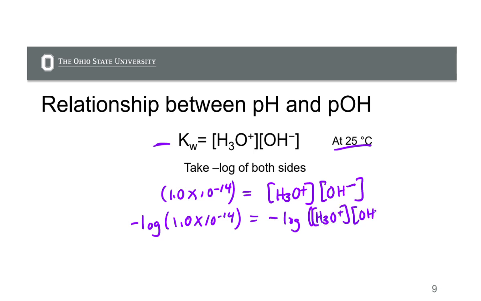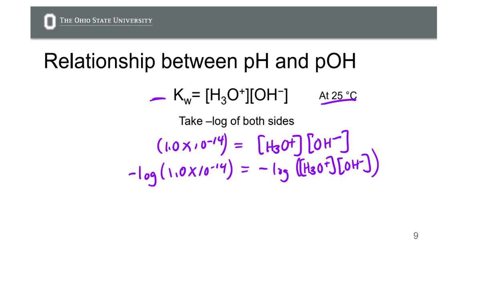times OH minus. And if you remember the rules for logs, which I often don't, so I won't be offended if you don't either, when we multiply something within a log, we end up adding them together to break them out of the log.